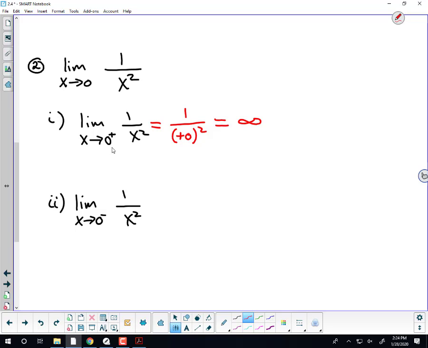Okay, and then we've got a similar situation as we approach 0 from the left. The numerator is still approaching 1. The denominator, we are approaching 0 through negative values, but those are also being squared. So those negative values are still getting smaller and smaller, but they're all being squared, which makes them positive.